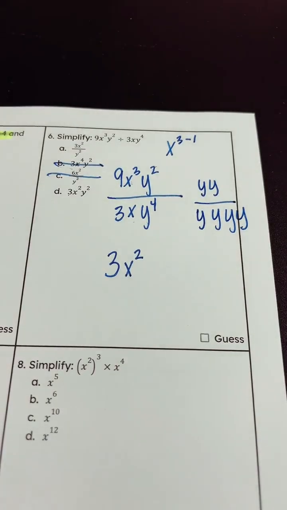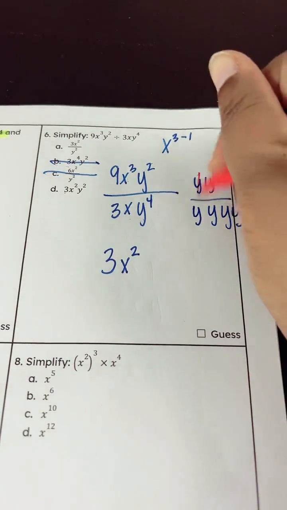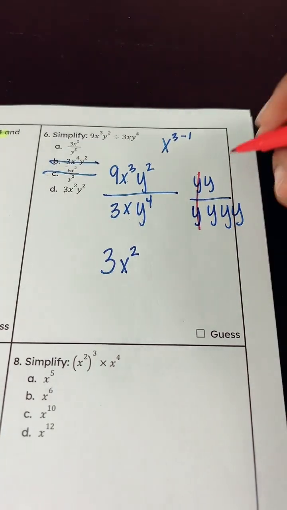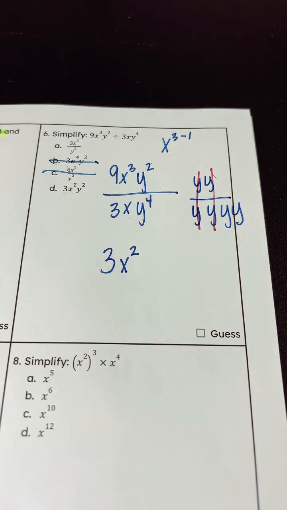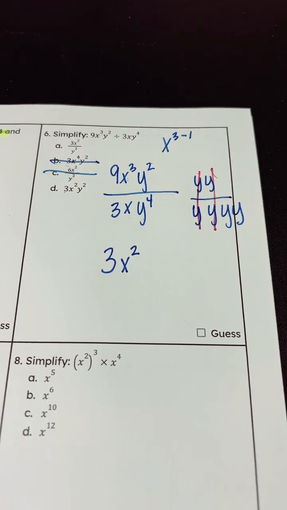Anytime you have a y divided by a y, they can cross out. So where are our y's at? Are they on the top or the bottom? Bottom.